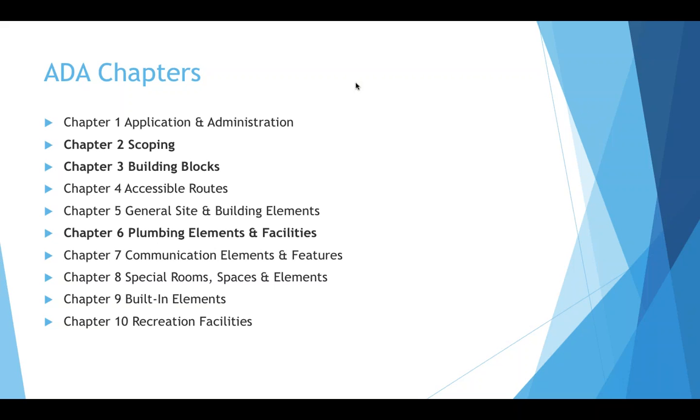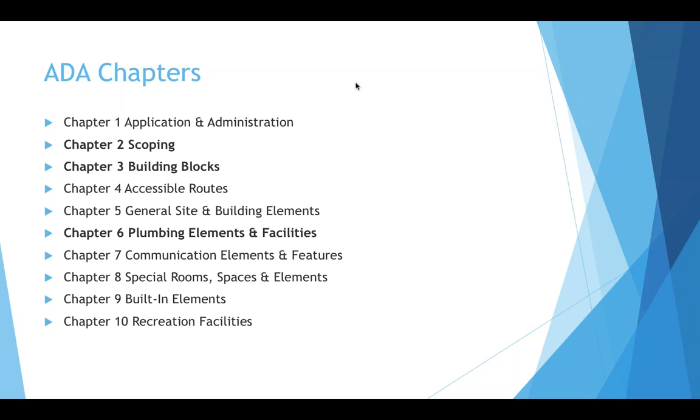Chapter 3, the building blocks. That's all the components, the clearances, the floor spaces, everything that it takes to make a facility or an element accessible. And then, of course, being an accessible restroom, we're going to skip over 4 and 5 and jump into Chapter 6 and pull a lot of the information out of Chapter 6, the plumbing elements and facilities.